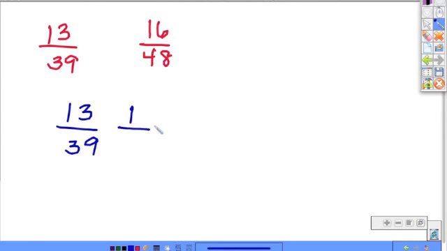And I'm going to take 39 and divide it by 13, and I get 3. Okay? Now let's take our other fraction, or ratio, I should say, 16 over 48, and let's divide this one out as well. I know 16 can go into both of these, so 16 goes into 16 once, and 16 goes into 48 3 times.